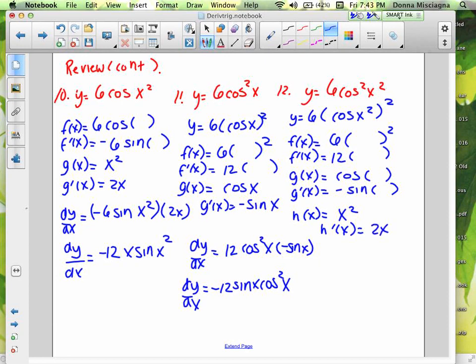So our final derivative, dy dx, is, I'll write the first one first: 12, and it was cosine x squared inside that blop there. And then inside the next blop, it's negative sine x squared.